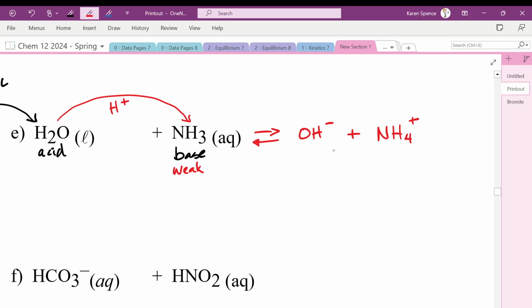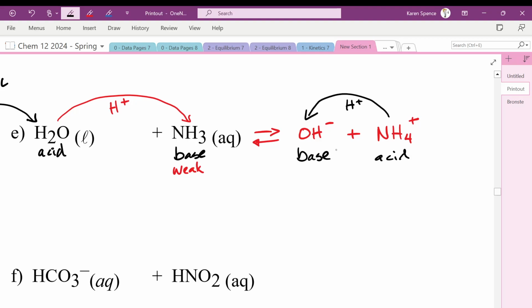And now we are going to say, all right, my products, who is the acid and who is the base? So you look and you say, if I'm going backwards, NH4 would be giving a hydrogen to OH. So this means that NH4 plus is the acid and OH minus is the base.